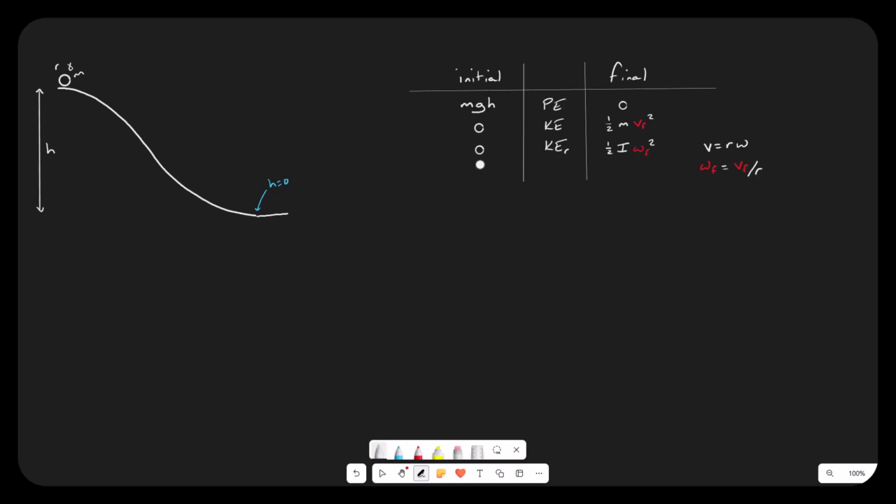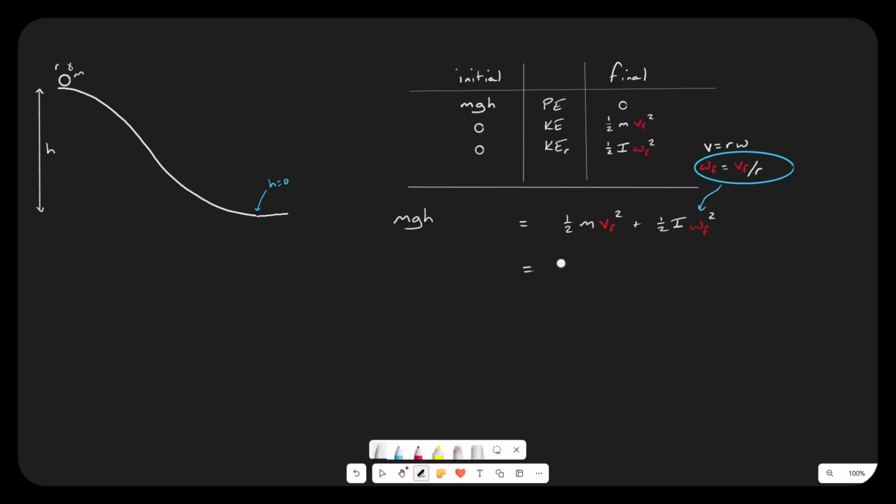Let me show you why this matters. My total energy on the left is mgh. My total energy on the right is half m v final squared plus half I omega final squared. I'm going to put in that omega final is v over r.